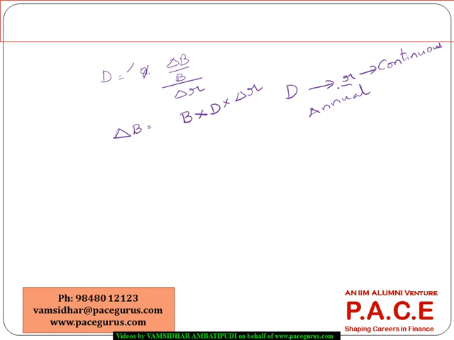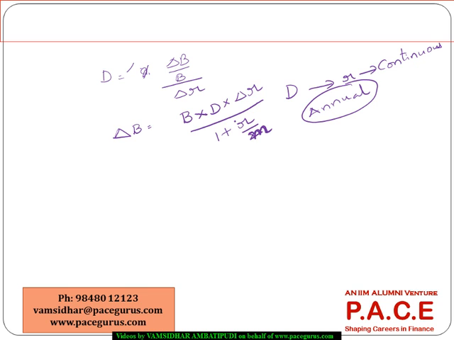Now if it is based on annual compounding, all I'll do is divide the same by 1 plus R. If it is on half yearly compounding, I'll divide it by 1 plus R by 2. If it is on m-thly compounding, I'll divide it by 1 plus R by m.